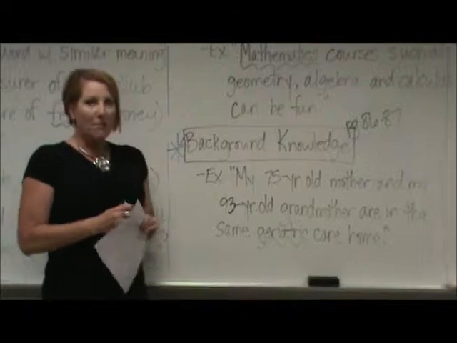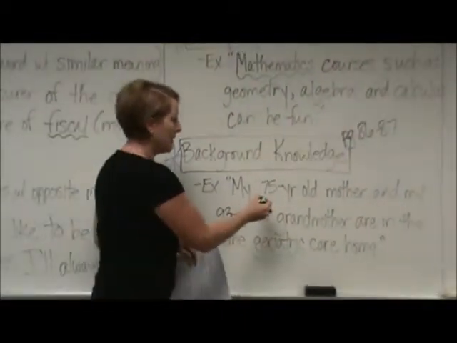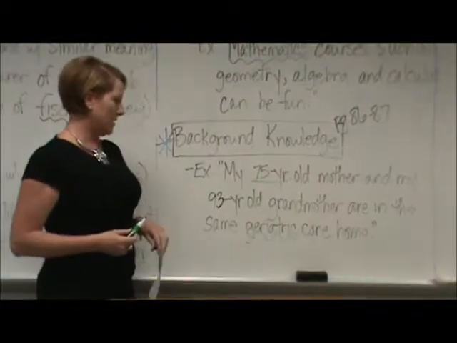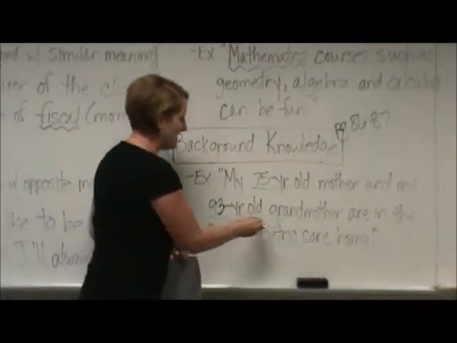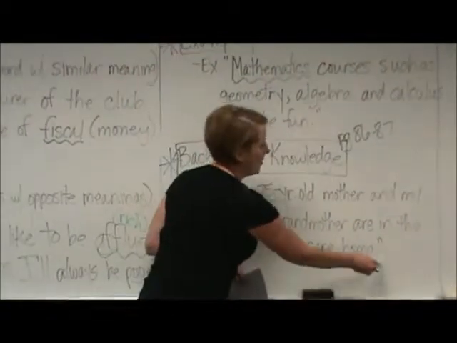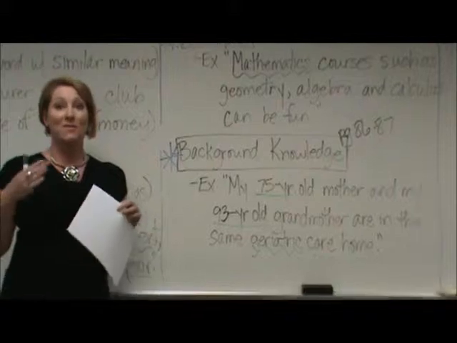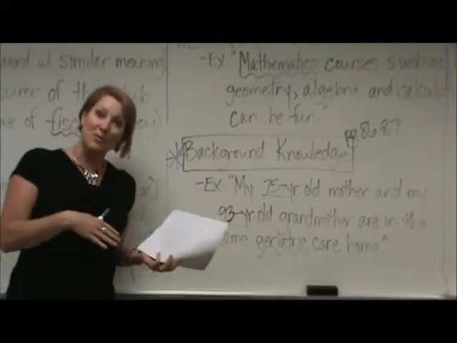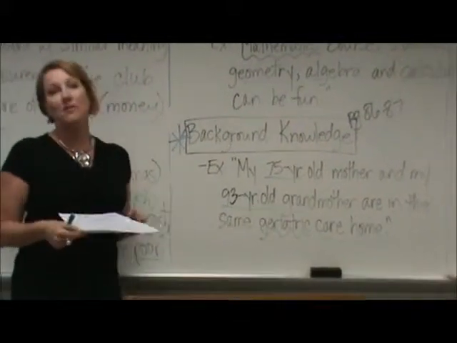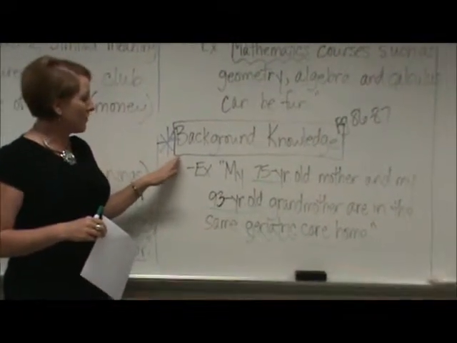So just from our background knowledge, we know that, okay, my mother's 75 years old, my grandmother is 93 years old, and they're in some kind of care home. So what does geriatric mean? Oh, it probably means a home for older people, right? Some of you probably already know that. But that's an example of background knowledge.